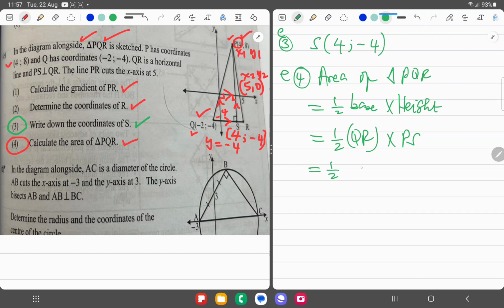What is QR? So now QR will have to be what? You'll have to take the coordinates here, which are 11 over 2 and minus 4.